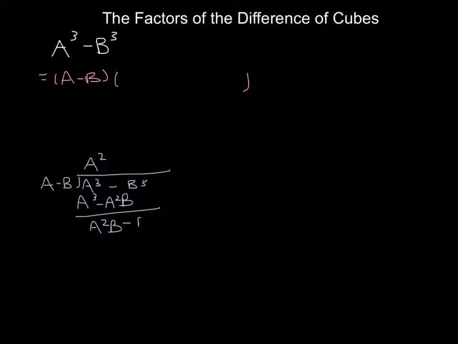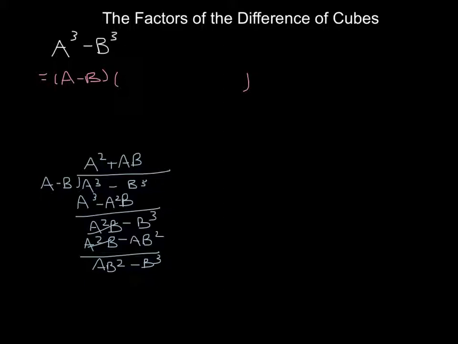And the only thing left here is that. It looks like next we're going to have to do plus ab, because ab times a gives us a squared b. And then we have minus ab squared. This part goes to 0. And so we have ab squared minus b cubed.